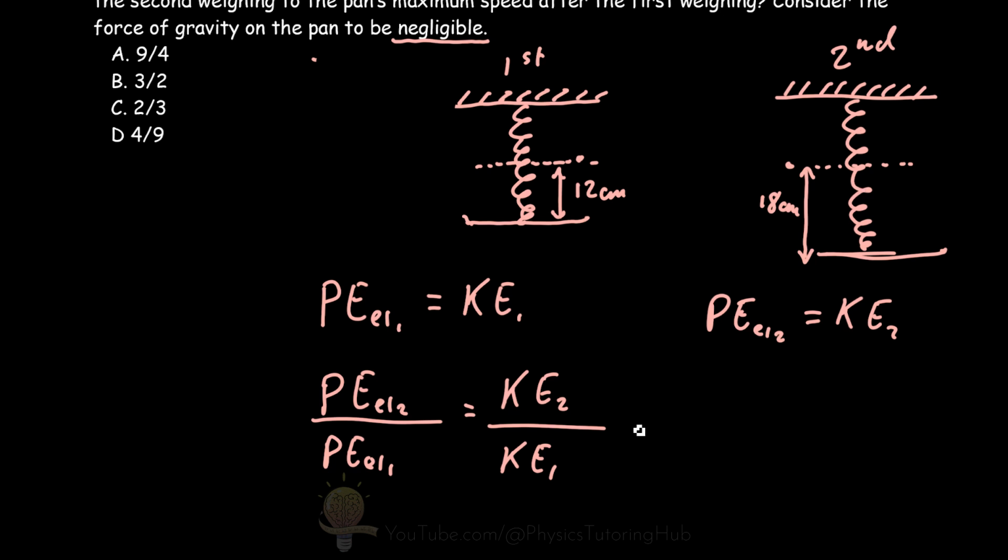And we know that the kinetic energy is half times the mass times the velocity squared. We can cancel out common terms in the numerator and denominator.